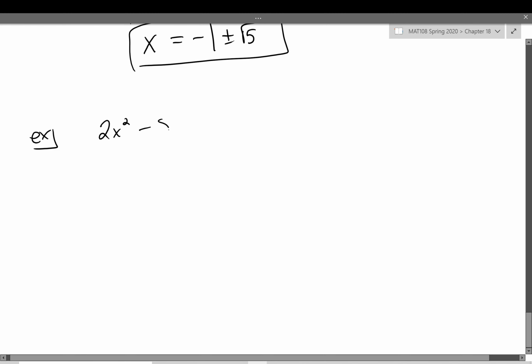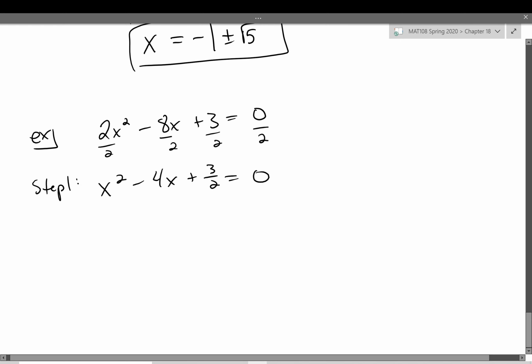2x squared minus 8x plus 3 equals 0, okay? So step 1, I notice that I have to divide everything by 2 because I have a number other than 1. So that gives me x squared minus 4x plus 3 over 2 equals 0, okay? And there's nothing I can do there. So I need to divide by 2, all right?